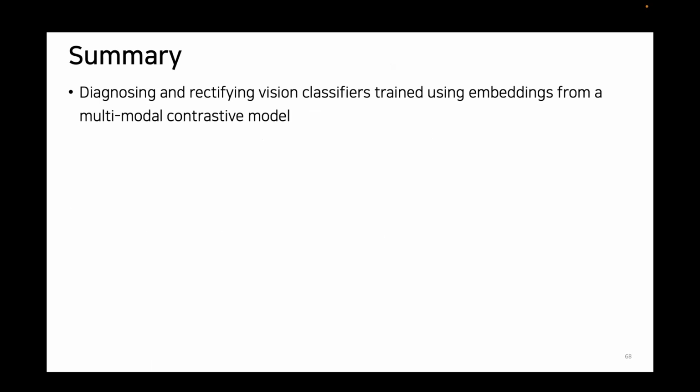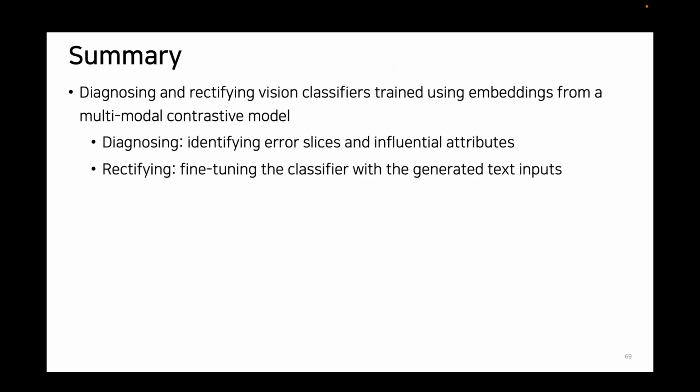So in conclusion, this paper proposed a way of diagnosing and rectifying a vision classifier trained using embeddings from a multimodal contrastive model. For diagnosing, they identify the error slices and influential attributes, and for rectifying, they fine-tune the classifier with the generated text inputs.